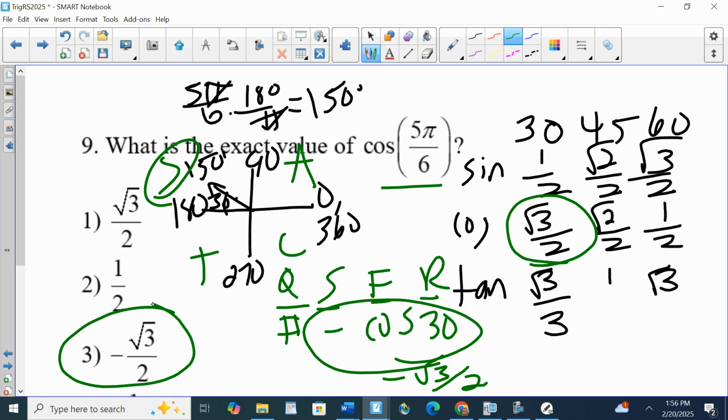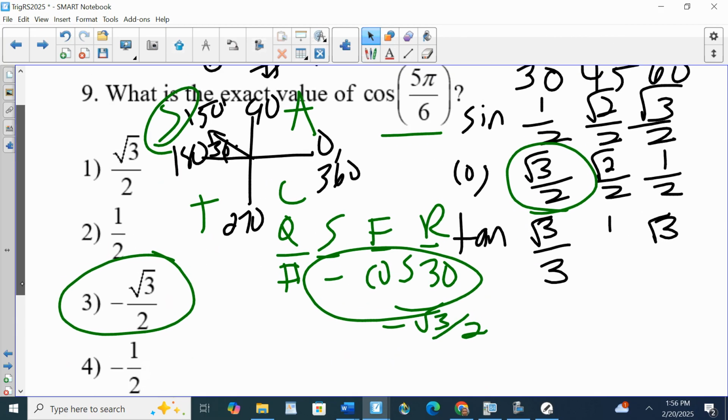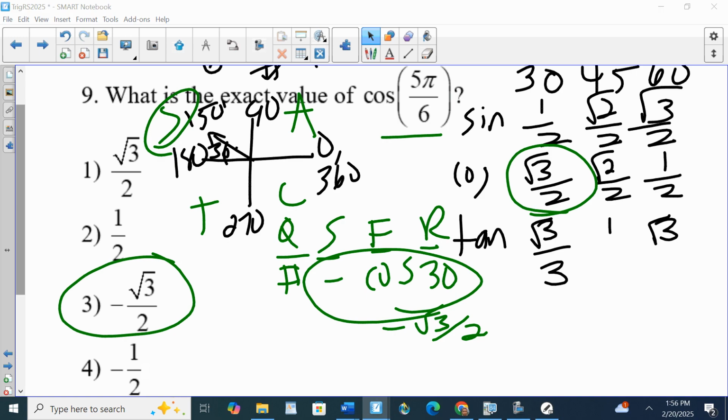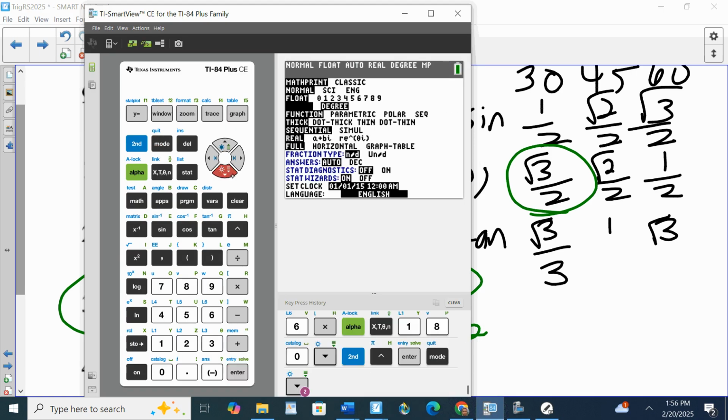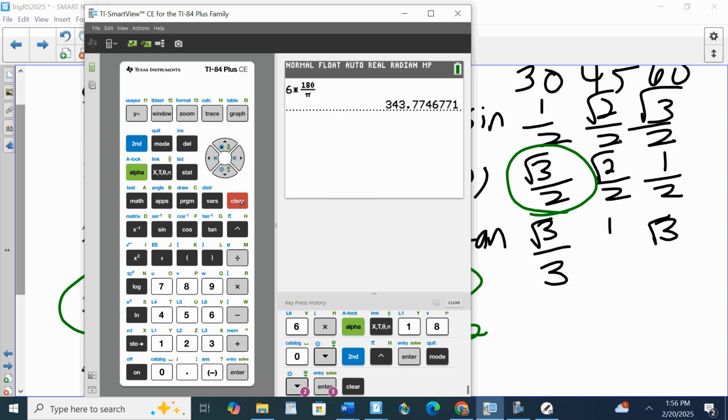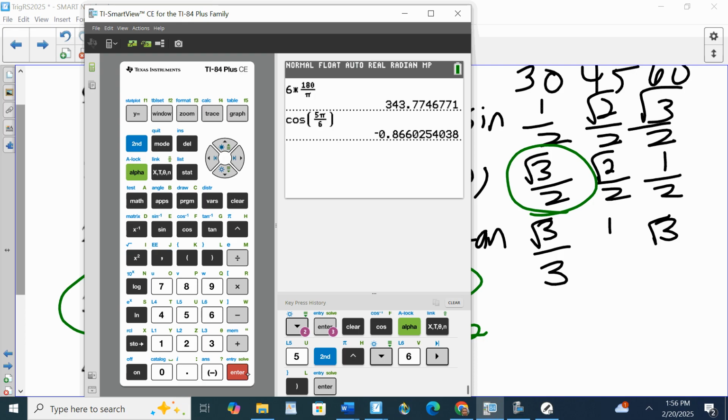Choice 3. The shortcut for this, which kind of works and it kind of doesn't: you can type in cosine of 5 pi over 6. Make sure you should always be in radian mode. You get that.